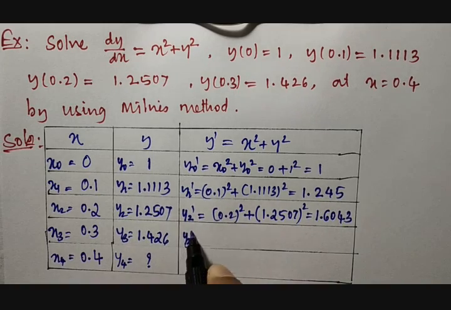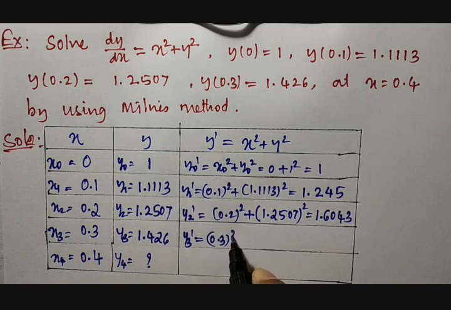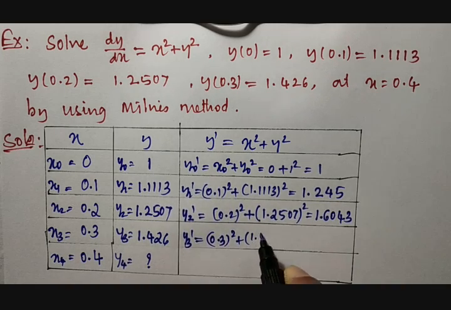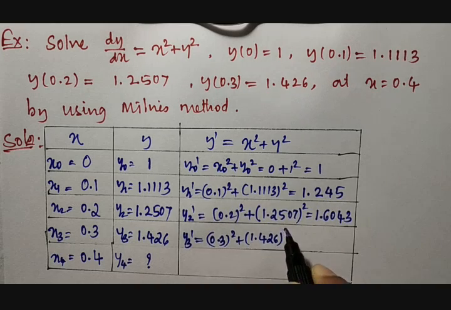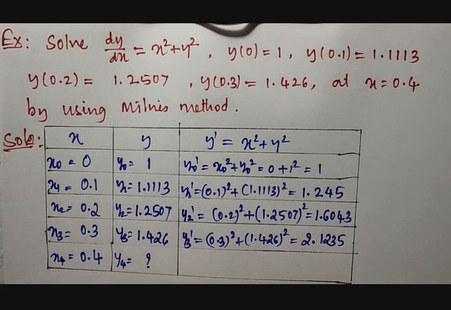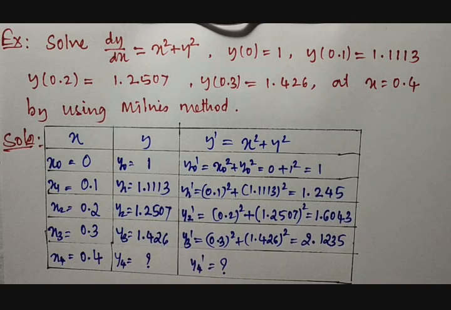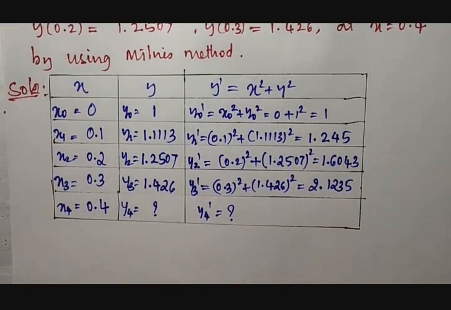Similarly, y3 dash is equal to 0.3 square plus 1.426 square, which is equal to 2.1235. Then y4 dash, which we don't know, has to be calculated. Fine. So this is the result now.